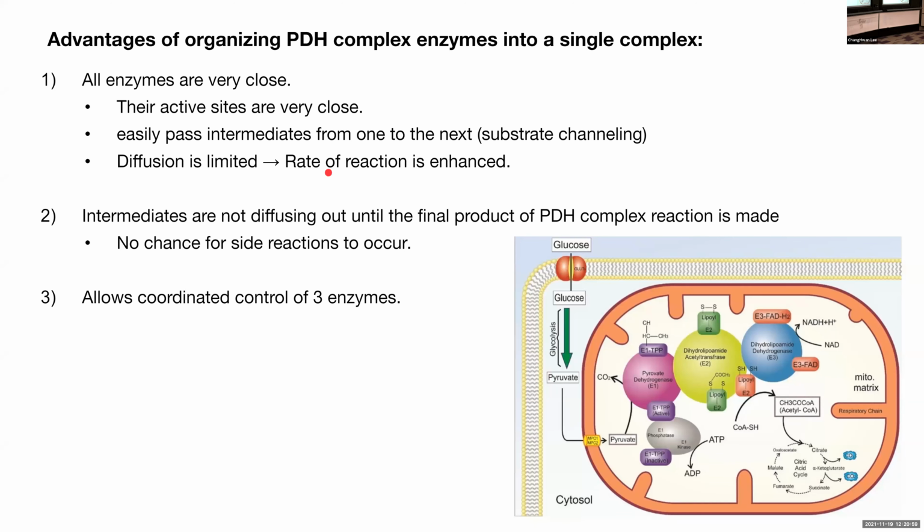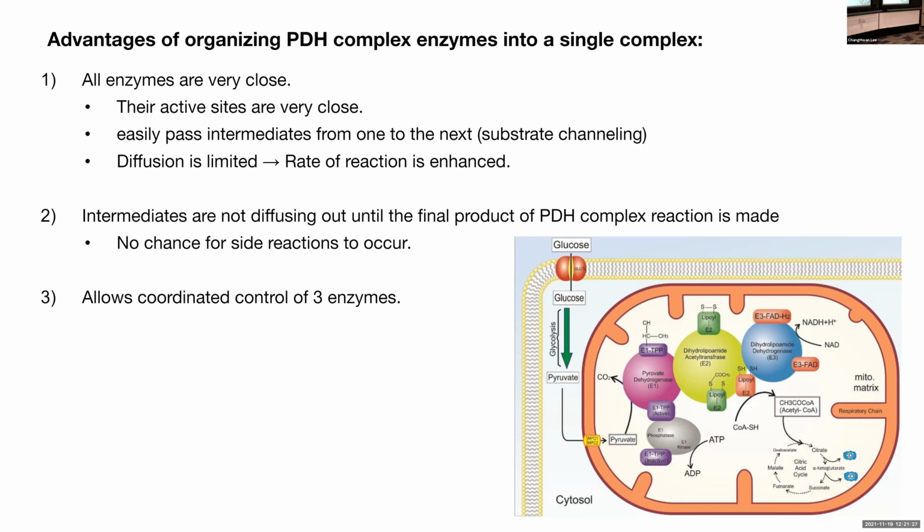So that means they're going to have a much more efficient way to pass on these intermediates from the first step to the next step, or one enzyme to the next. So it creates this substrate channeling. And here, it limits the diffusion of those intermediates or substrates out to other places, trying to keep them in the complex.